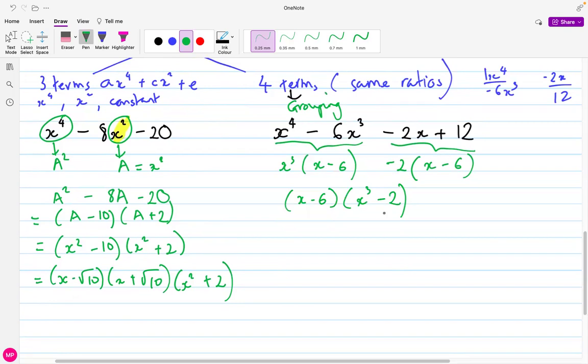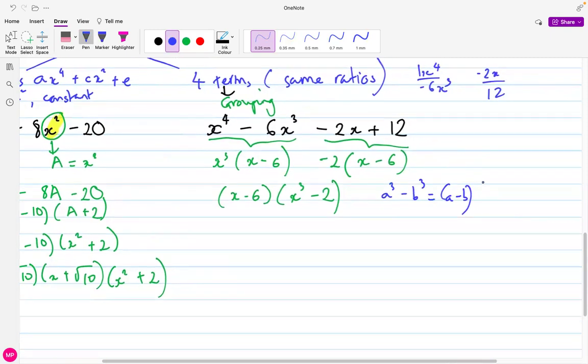Then you look at this and think, oh, I can go further if I look at how to factorize a difference of cubes. If you recall the formula, a cubed minus b cubed is a minus b times a squared plus ab plus b squared. So you can go further with this.